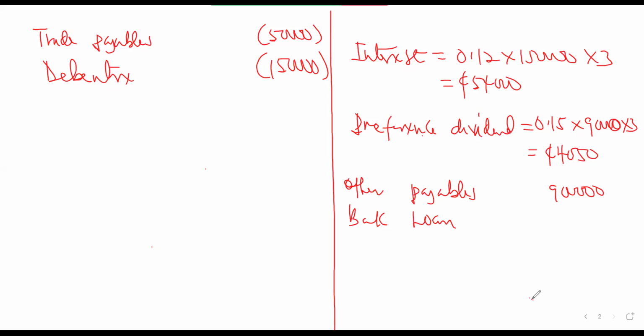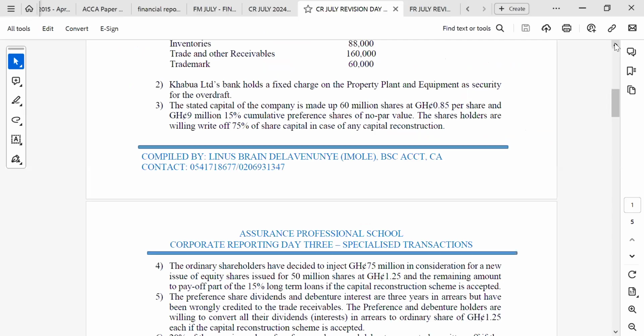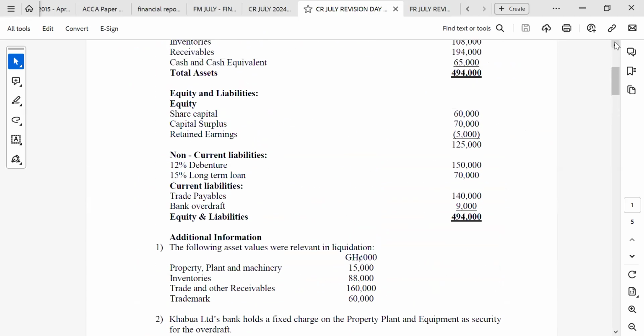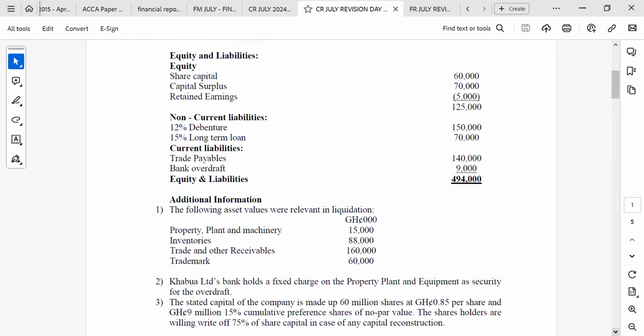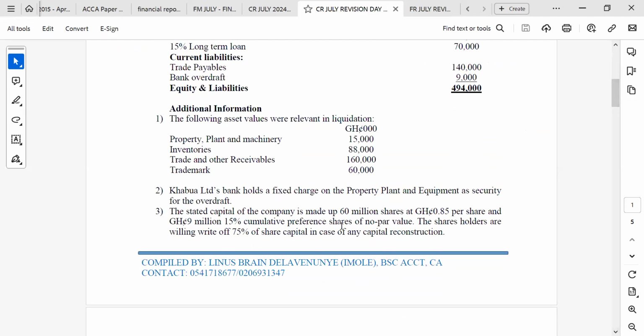Professor, is the interest on the preference dividend computed on the face value or the value stated in the statement of financial position? I'm not sure they have a value in the statement of financial position. They just give you share capital, consisting of preference shares and ordinary shares, so they are giving us information on the components.